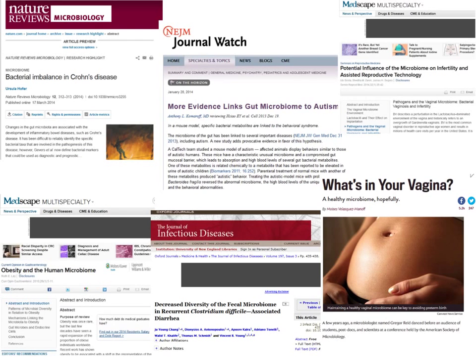Okay, so in recent years, as I mentioned, there have been quite a bit of studies that look at alterations in the gut, vaginal, skin, whatever microbiome, and what types of pathologies can result from that.